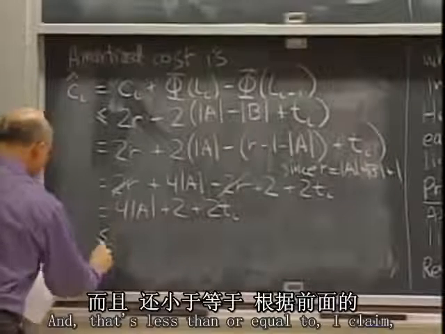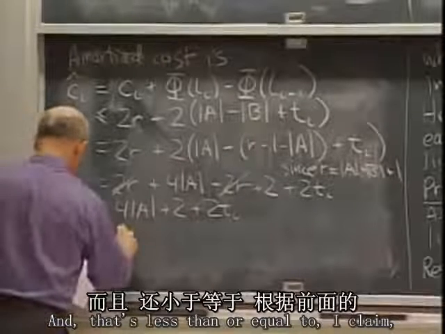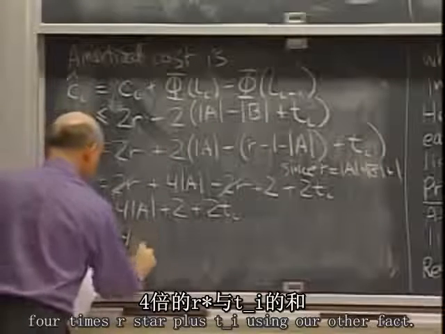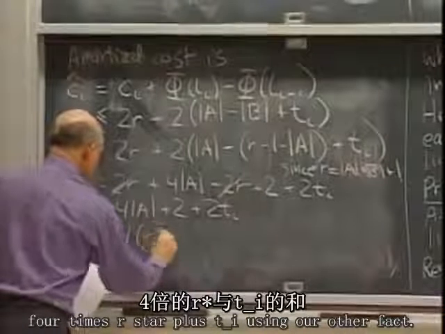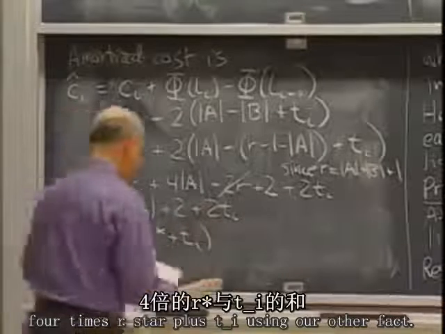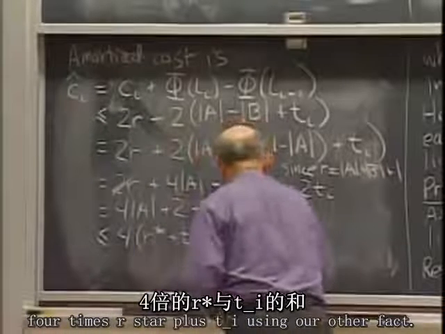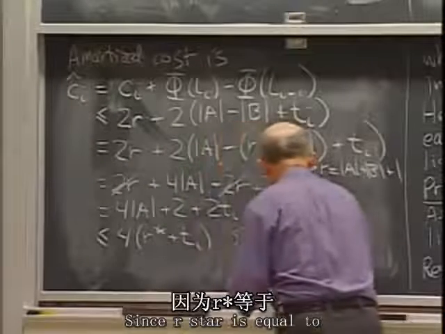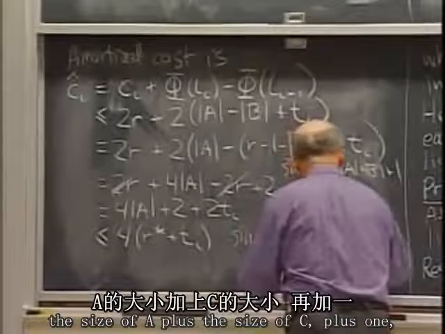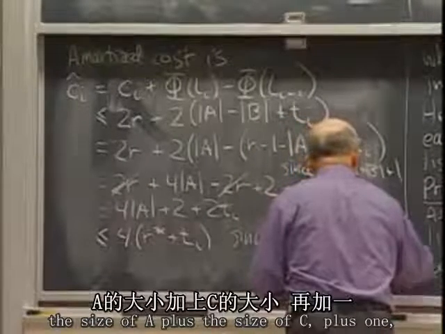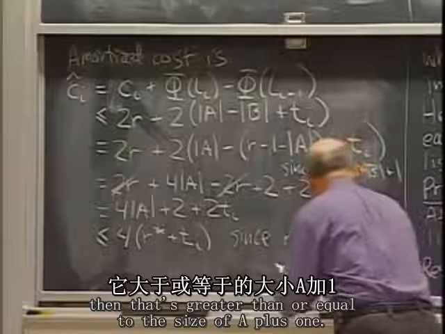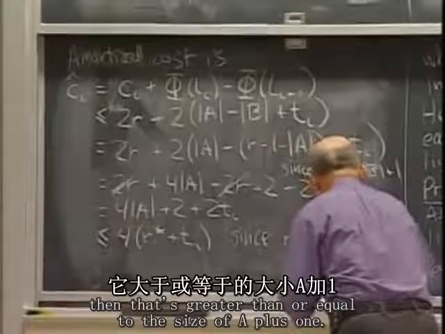And that's less than or equal to, I claim, 4 times r star plus ti, using our other fact. Since r star is equal to the size of A plus the size of C plus 1, and that's greater than or equal to the size of A plus 1.